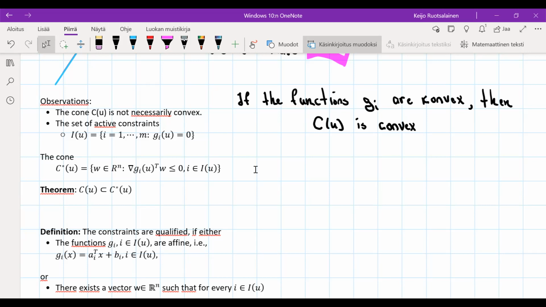So we fix the point u in the constraint set, and I consider those directions for which this scalar product is negative, or at least at most 0.